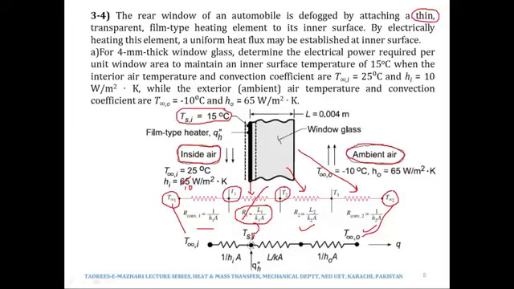However, if the resistance is negligibly small, then those two nodes would become a single node, and those two temperatures would be the same. So those two temperatures would be TSi, the temperature at the inner surface of the glass, and this node would have a temperature of TSo, the temperature at the outer surface of the glass.